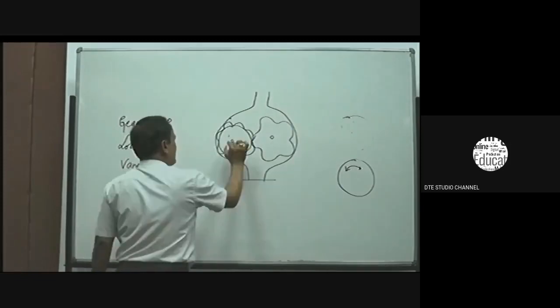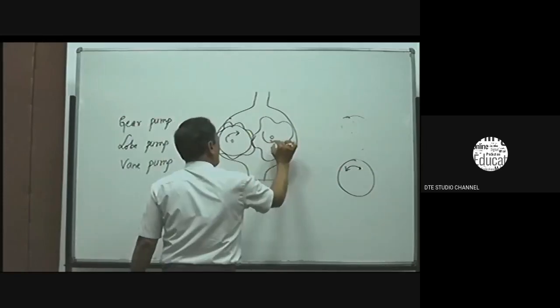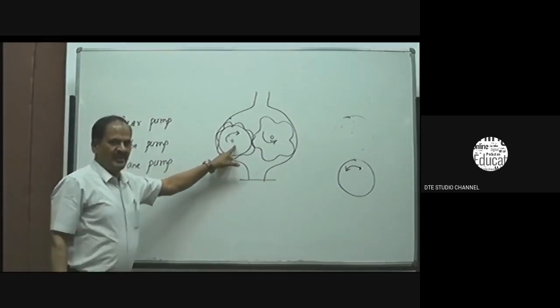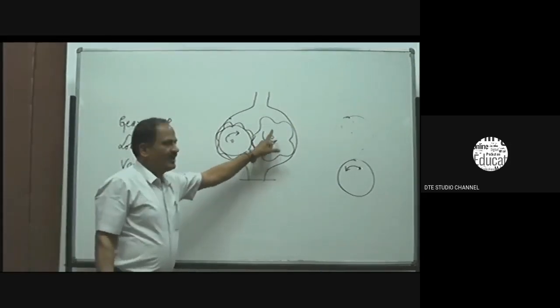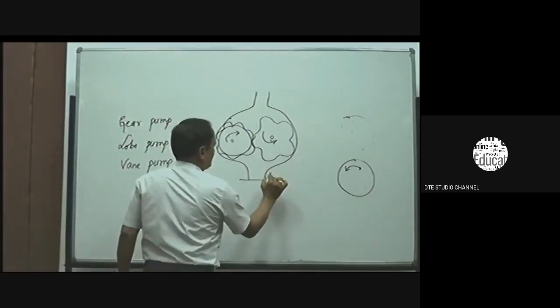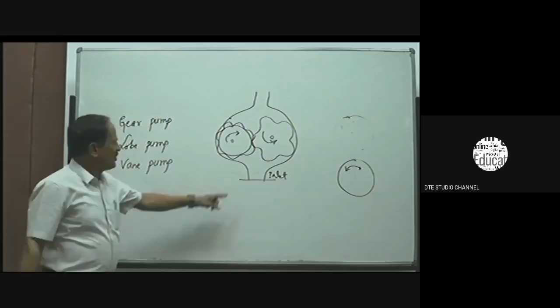As the gears rotate, driving gear is rotating in the clockwise direction, and driven gear rotates in anti-clockwise direction. Vacuum is created at the inlet. The vacuum pressure is less than atmospheric.